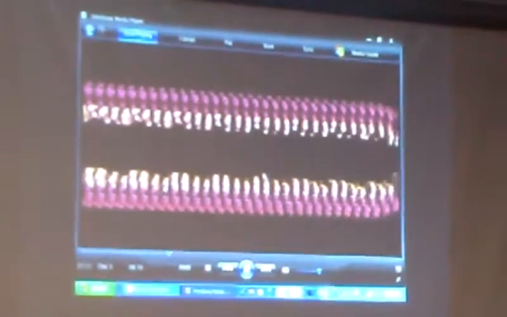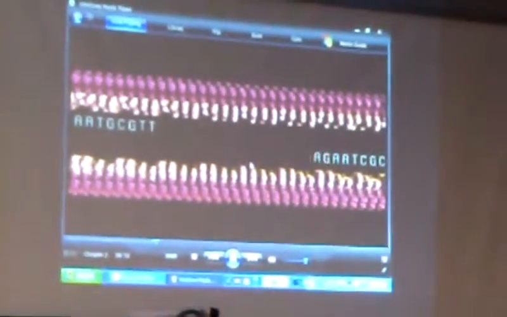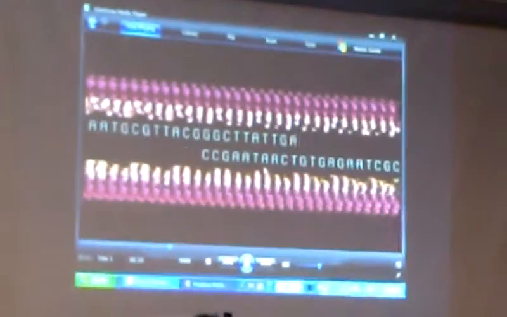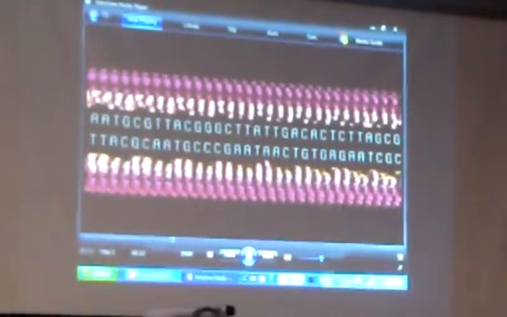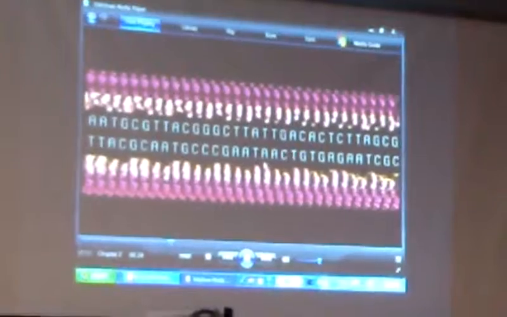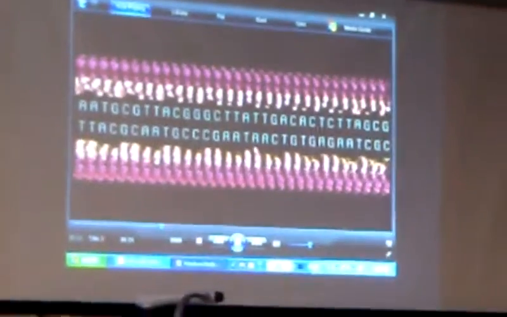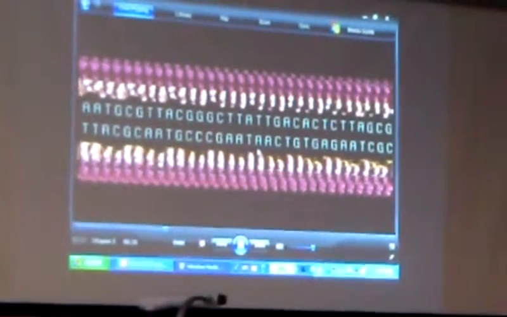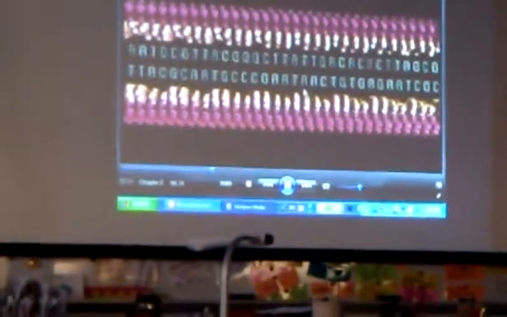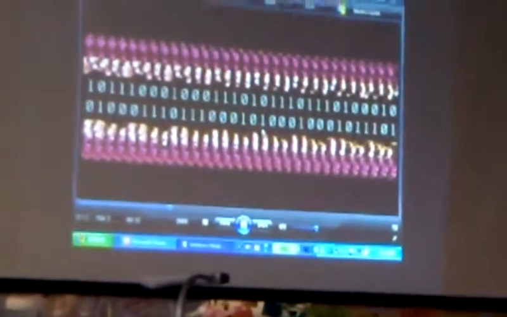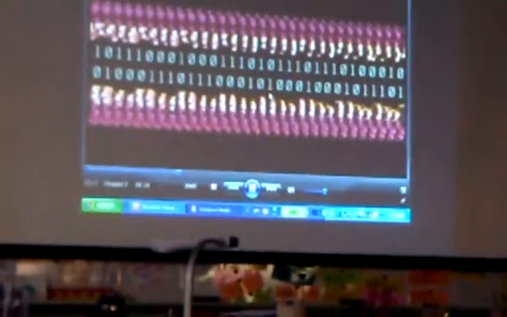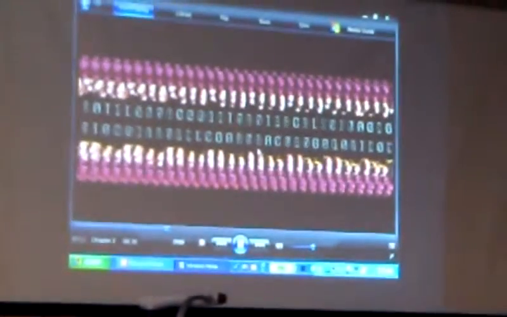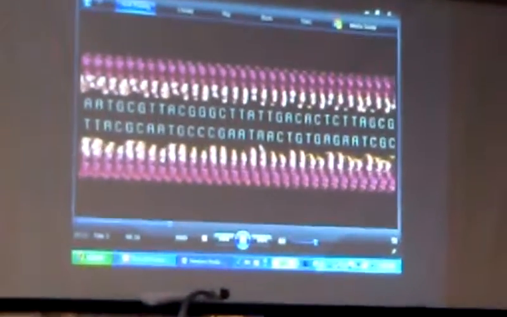Unzip the strands, and you have two linear sequences of the letters A, C, G, and T. The precise order of the letters along the molecule carries the coded instructions. These are the equivalent of binary ones and zeros in a computer. One strand is like a mirror image of the other.